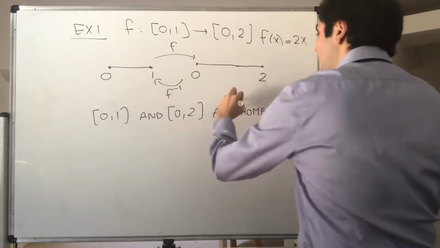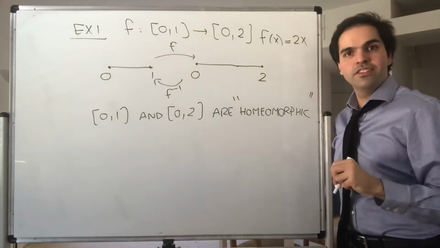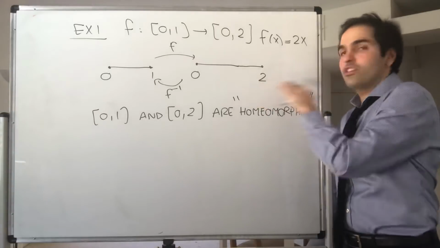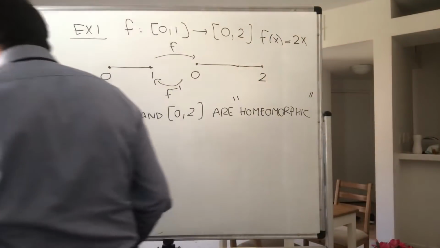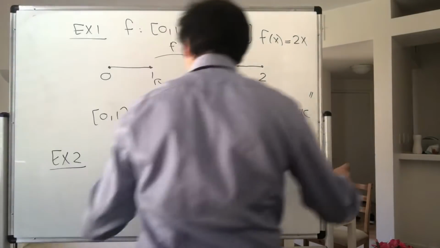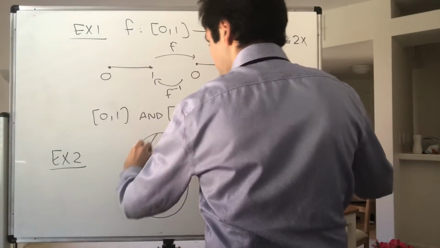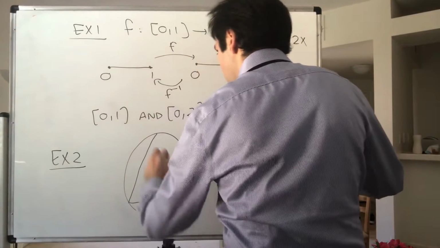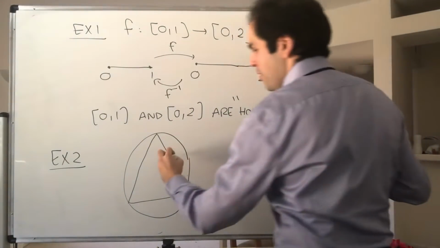It means they have the same shape, and in fact, remember, topology doesn't see distances. So for topologists, those are really the same thing. Another example, maybe less trivial: take, for instance, the circle, which turns out to be homeomorphic to a triangle, because here's a picture of a homeomorphism.